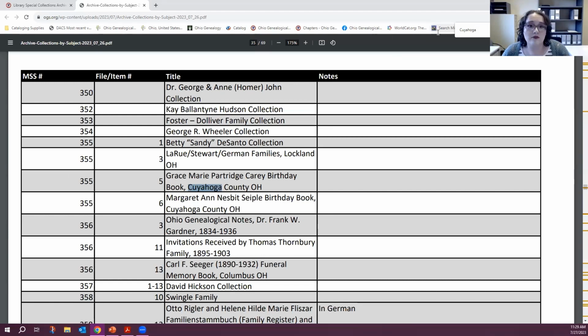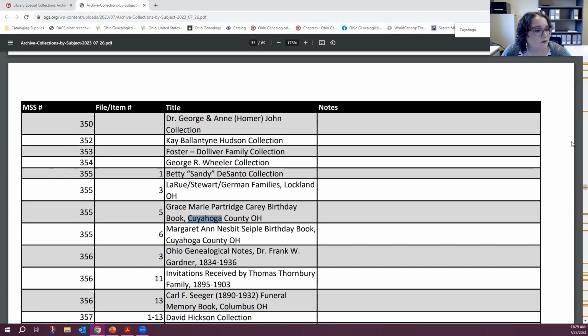So on the off chance, if you're looking for your fan club, so friends, acquaintances, neighbors, kind of looking for county records that might also include your ancestor, could be another helpful way to go at this, is looking for places where they lived or churches that they might have attended to see if they appear.